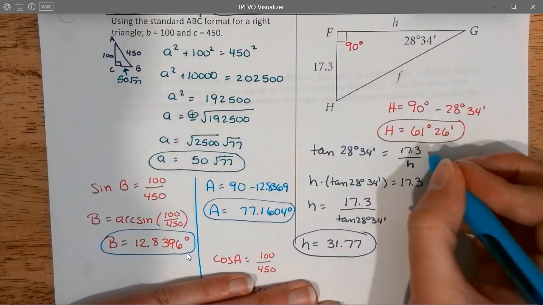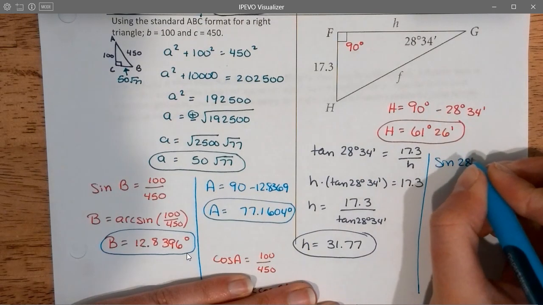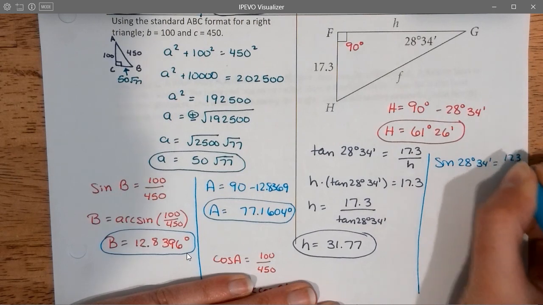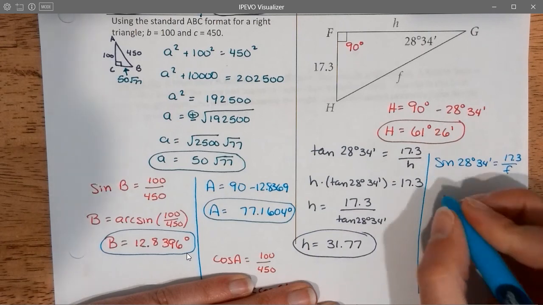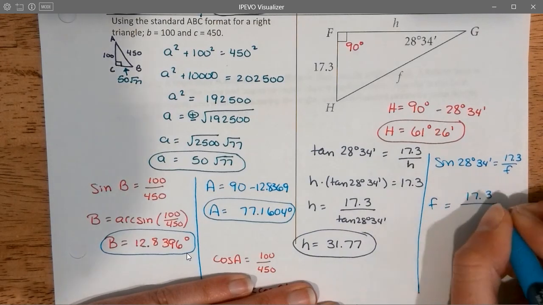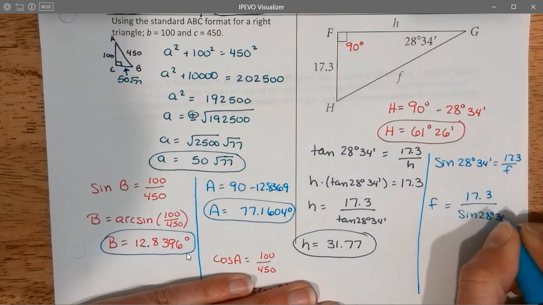So we're going to have the sine of 28 degrees 34 minutes equals 17.3 divided by f. I'm going to multiply that f over, divide the sine over, so I will get that f is equal to 17.3 divided by the sine of 28 degrees 34 minutes.